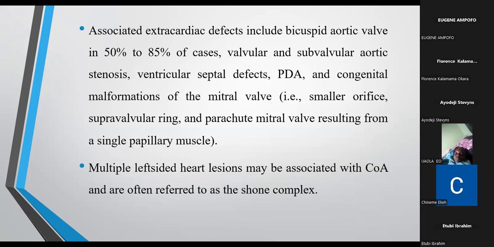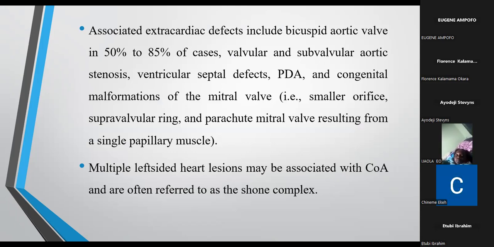It could also be associated with other defects. Like I said, in 50 to 85% of cases, bicuspid aortic valve, valvular or subvalvular AS, VSD, PDA, and congenital malformation of the mitral valve.